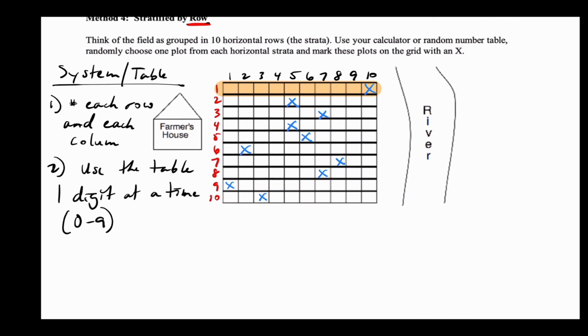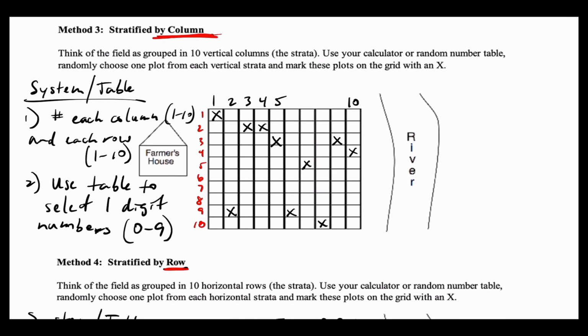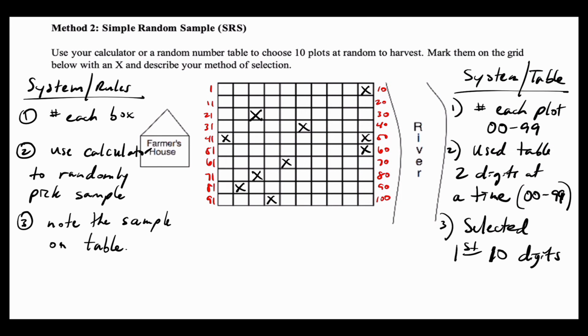Okay? It's random. So what's the difference between method 3 and 4, which is stratified, and a simple random sample? What's the difference between what we just did and a simple random sample? That's my question. Because I used the table for both. Didn't I use the table?